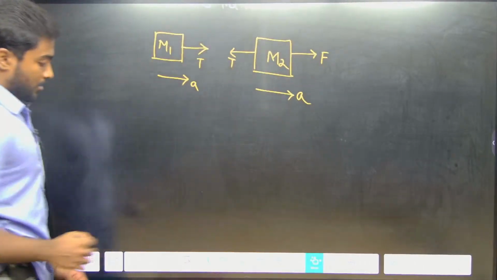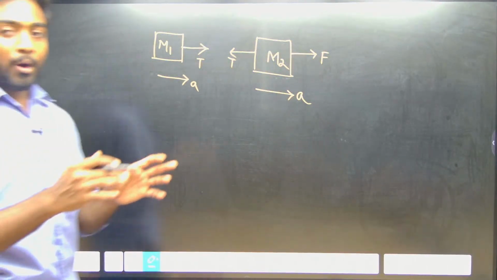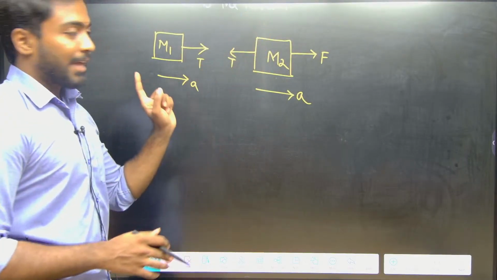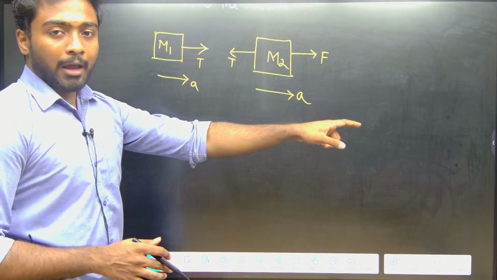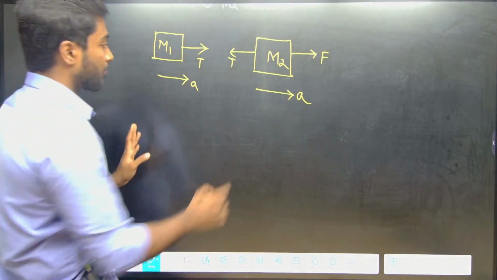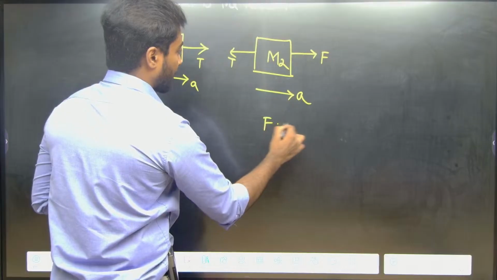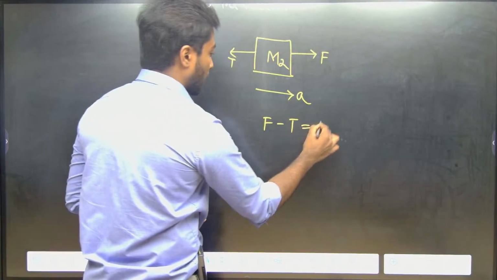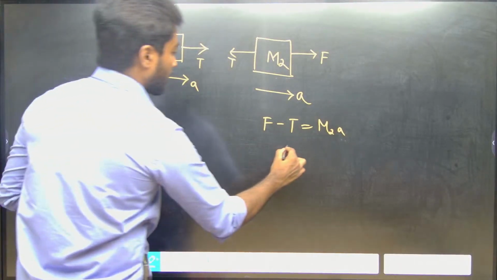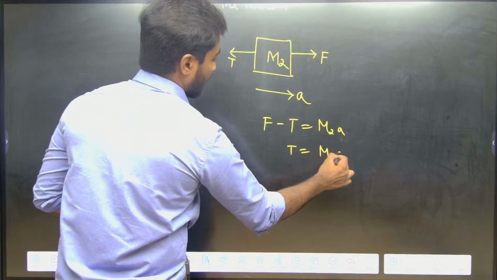Okay, sir, whatever I told in the first problem, try to remember. In the direction of acceleration, I need to consider the forces positive. In the opposite direction, it is negative. So F minus T will be equal to M2A. For this one, T is equal to M1A.